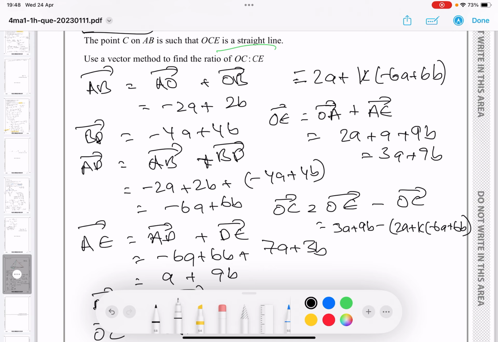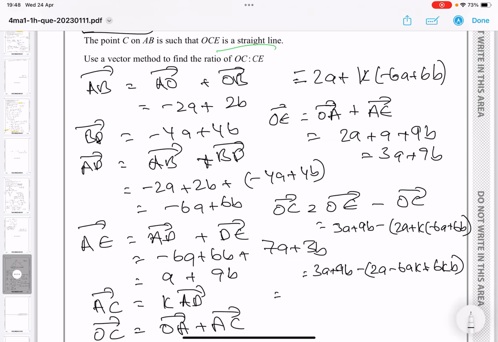Now we just need to simplify this. Let me do that for you guys. 3a plus 9b minus 2a plus 6ka minus 6kb. 3a minus 2a is a, plus 9b, minus 6kb, and minus minus 6ka is plus 6ka.